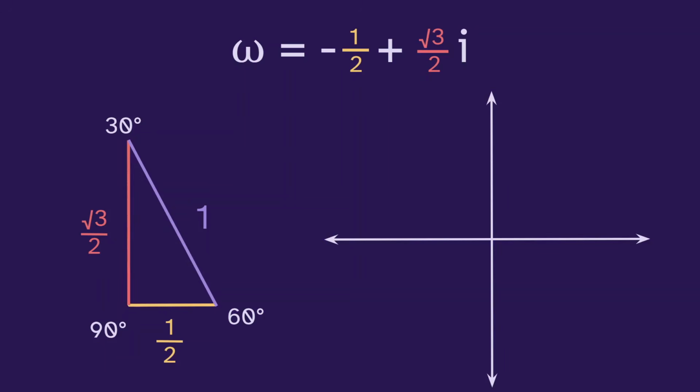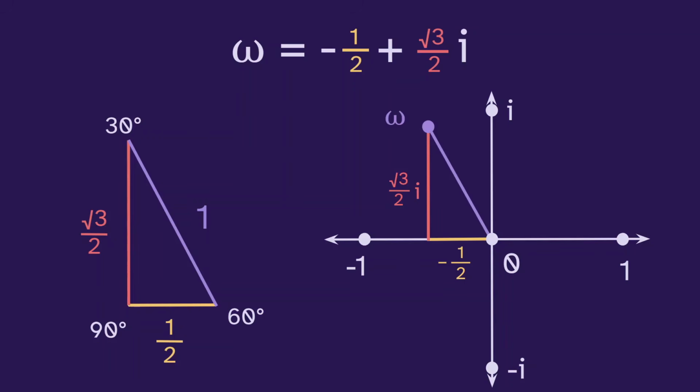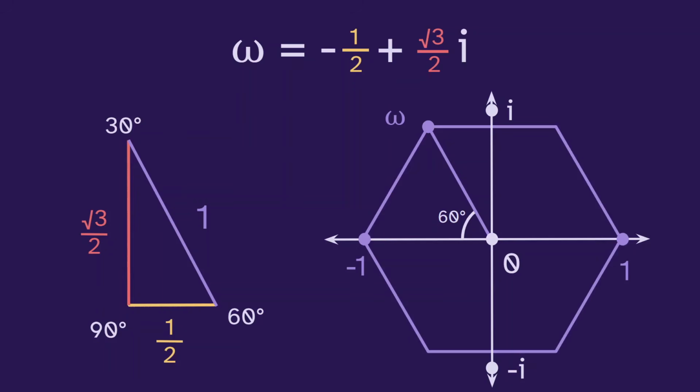And this means that if we plot complex numbers with the horizontal axis being the reals and the vertical axis being imaginary, then omega is -1/2 plus √3/2 i, which means that this angle between -1 and omega is 60 degrees. And 60 degrees is a sixth of the way around a circle, which means that omega falls on a hexagon with -1 and 1.